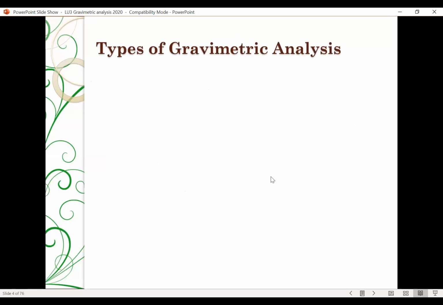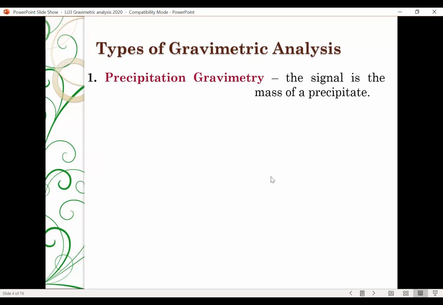What is precipitation gravimetry? Precipitation gravimetry is about the determination of the mass of a precipitate. We will learn after this the steps and the factors involved in precipitation gravimetry and when it is used.